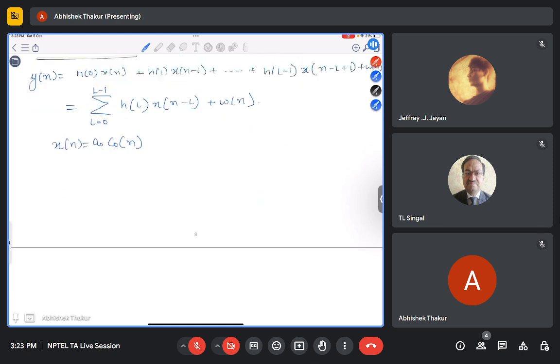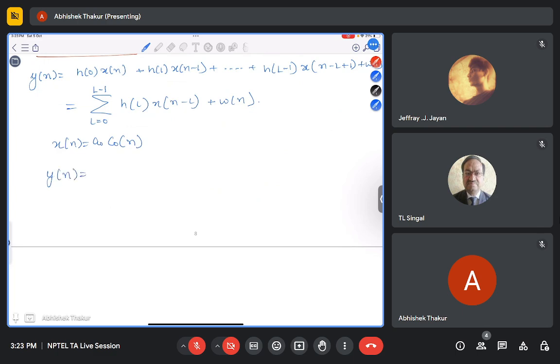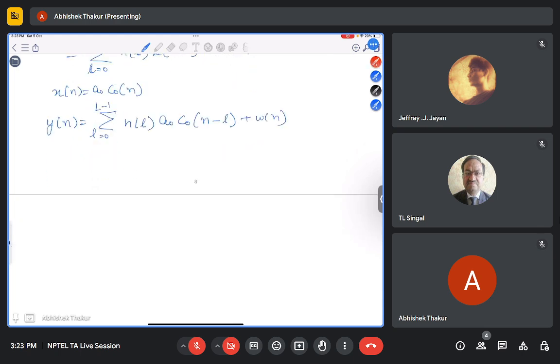So we will use that, and y of n will become A naught C naught of n minus l, sorry, this is small l, plus w of n. We have just substituted x of n equal to A naught C naught of n.